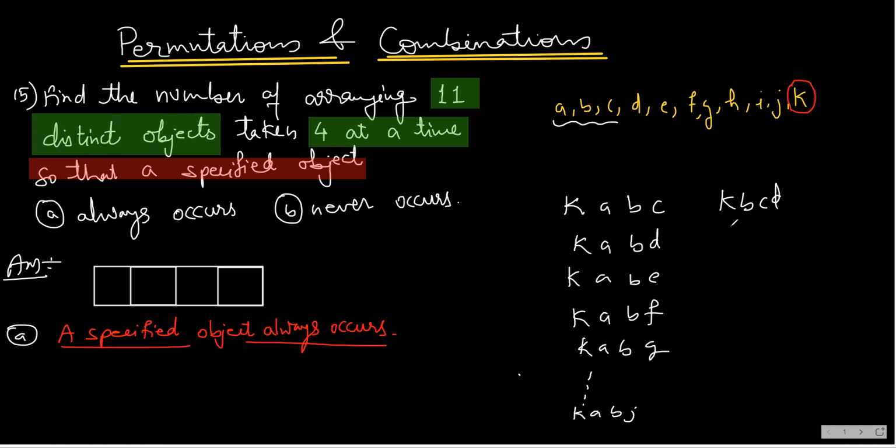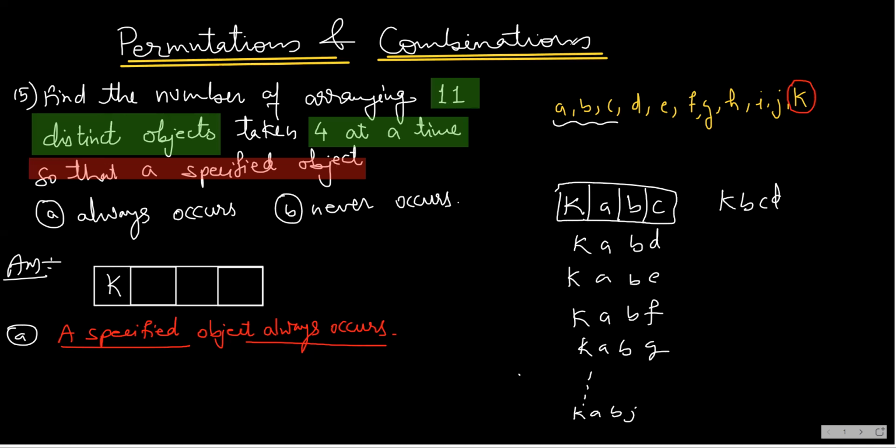And with K, B, C, E, K, B, C, A. Not only that, look at this. In all these arrangements, I'm just trying to get you into the solution. You notice that K is always the first element. I'm placing K always in the beginning.